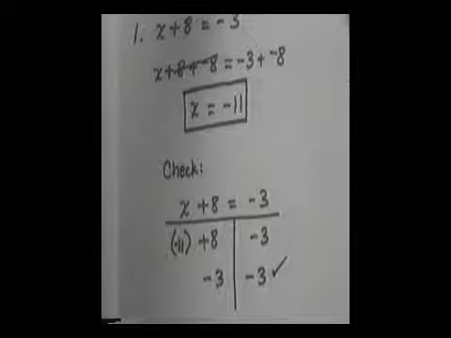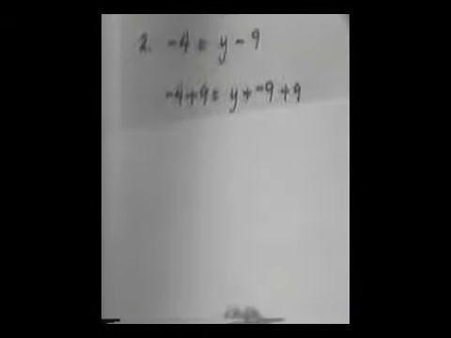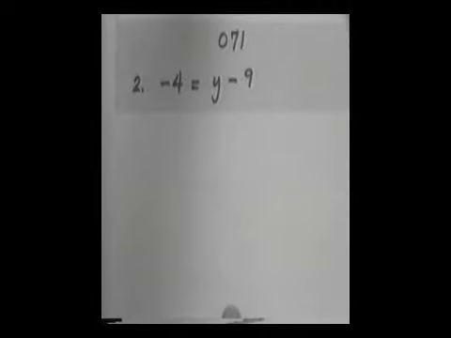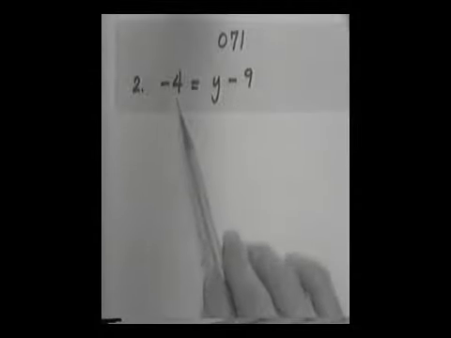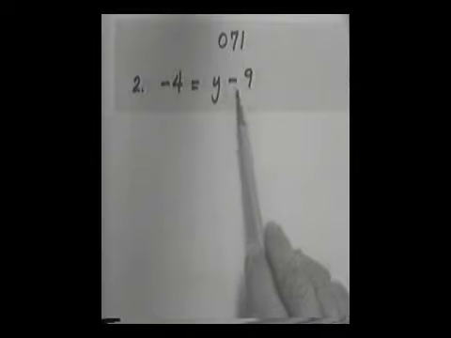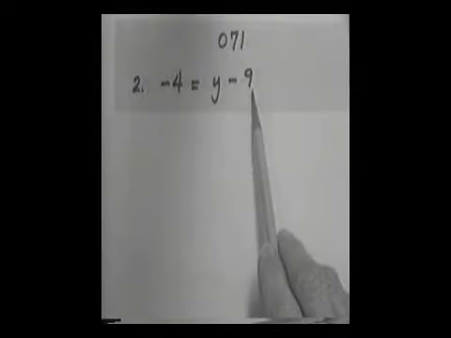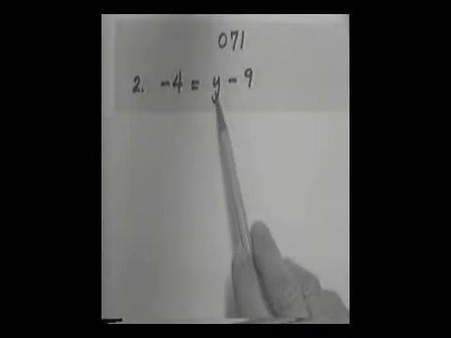Let's take a look at another example. Example 2 is negative 4 is equal to y subtract 9. The variable is y. Y must be alone on one side of the equation.